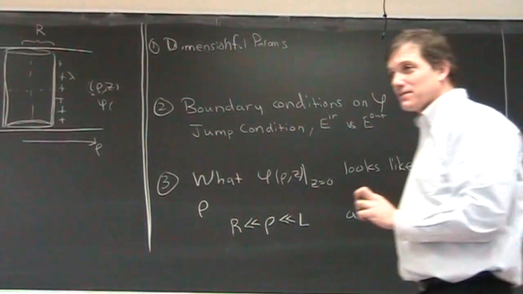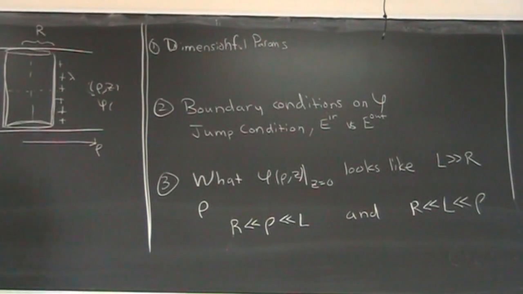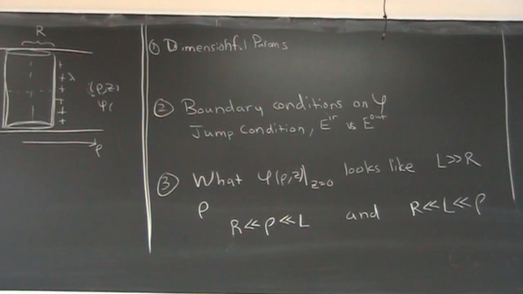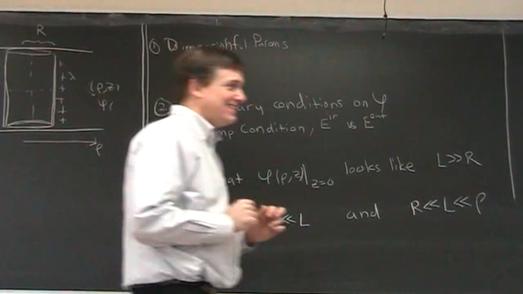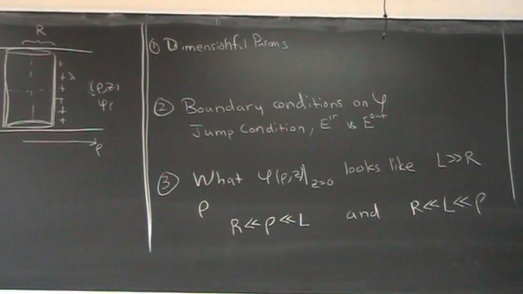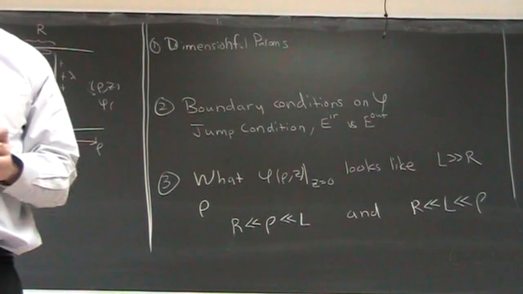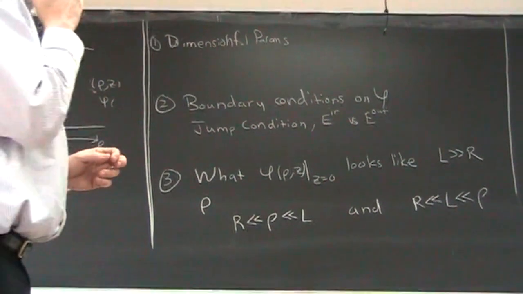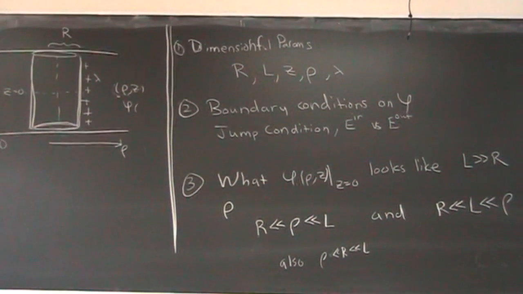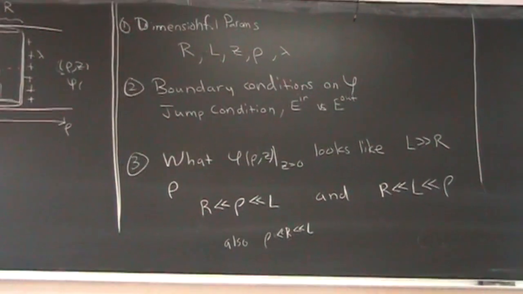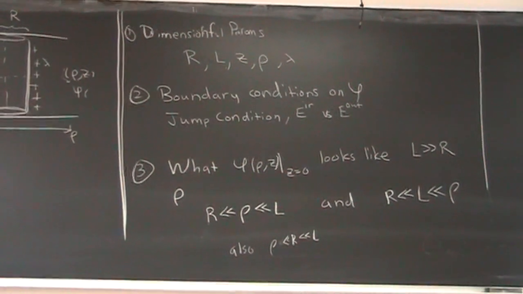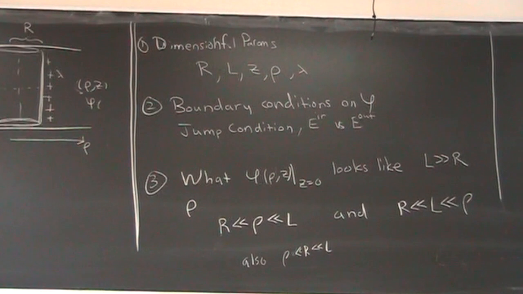This is supposed to be about 5 minutes of class, so start writing. I want you guys to start writing. We'll think about it for just a second. The charge is lambda, so you know that somehow the potential has to be proportional to lambda.